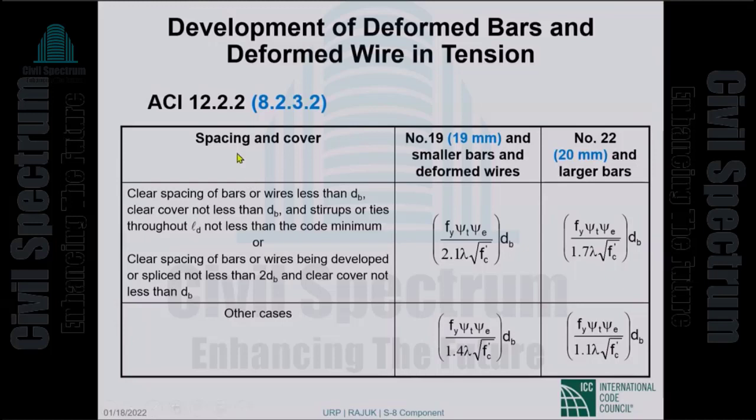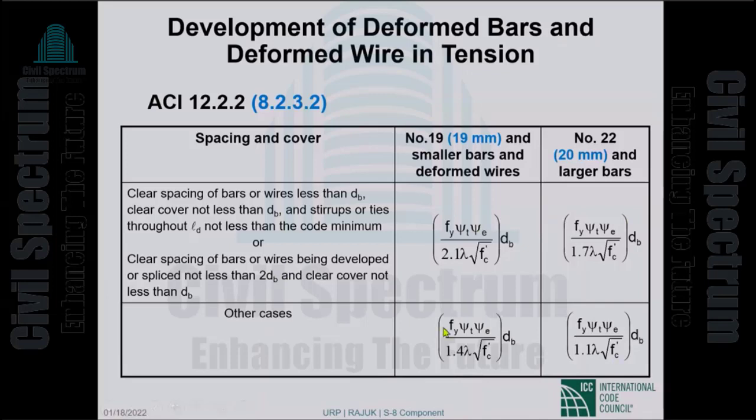Read this: if this situation or that situation is satisfied, you use the first half of the table. All other cases, you use the second part of the table. The second part gives you longer required development length.